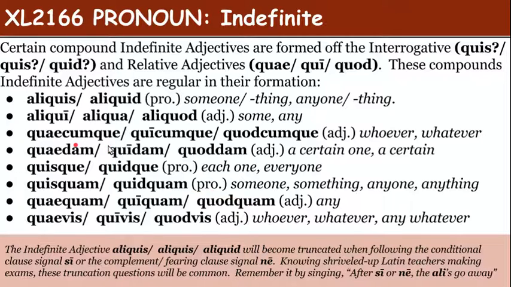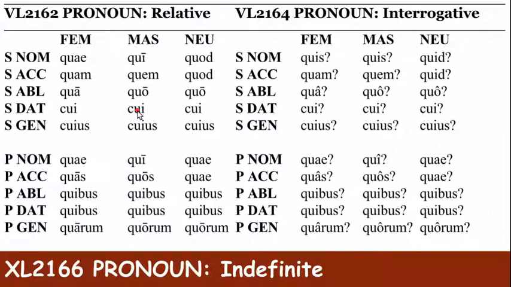Quaequam, in other words, it'll decline right here, and then it just adds on dam, que, quam, and then quaevis, any soever. Now, please note, on aliquis, aliquid, after si and ne, the ali goes away. So shriveled up Latin teachers make the exams, and therefore truncated forms will be common. So after a si or ne, you'll see quis, but it'll really be aliquis, someone or something.